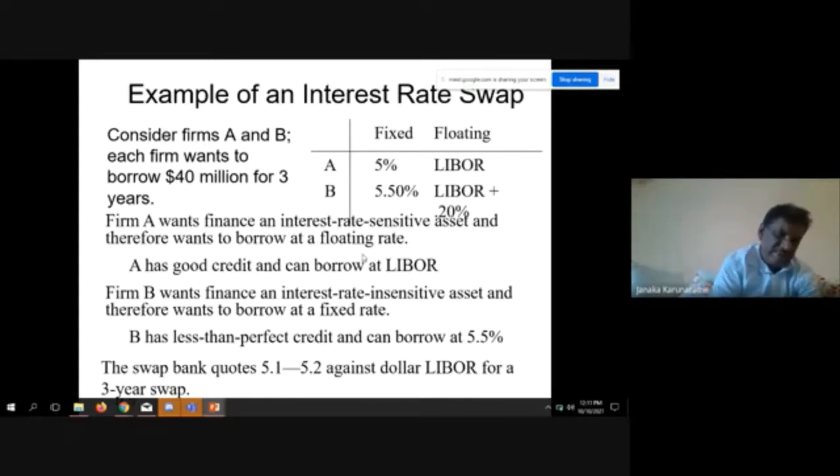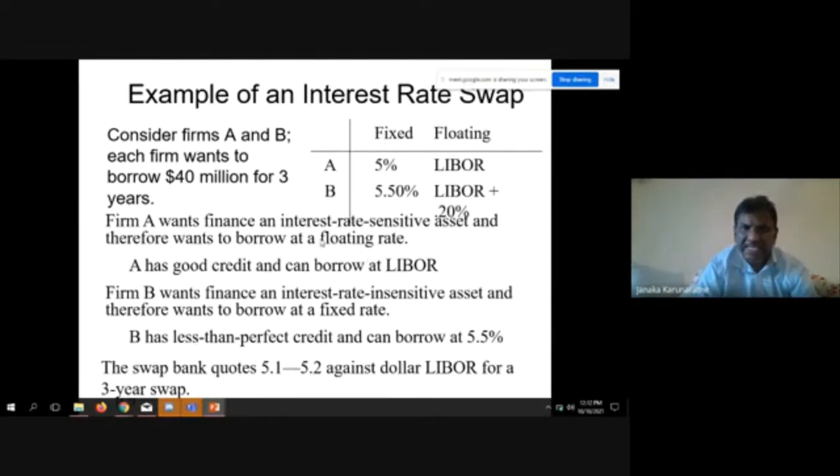Which has a comparative advantage in the floating rate market? Tell me. Anyone can make a guess?